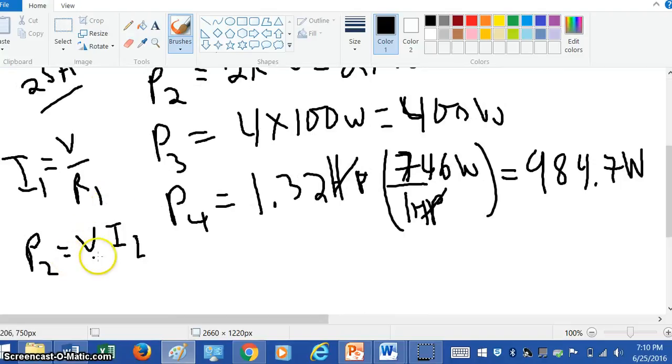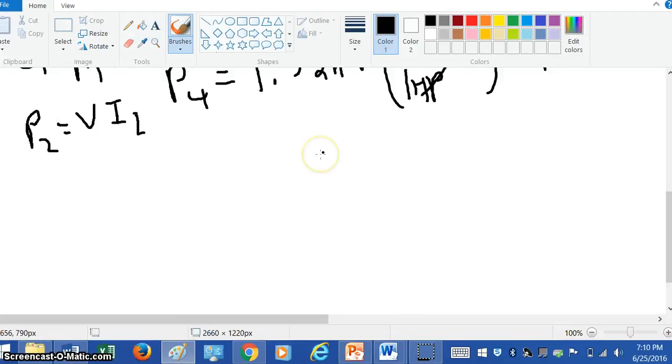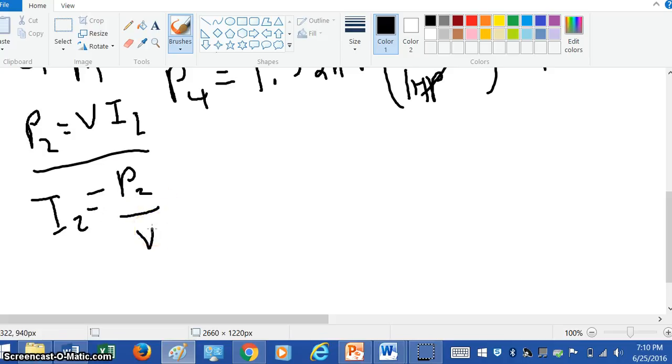For the second, third, and fourth devices, we're going to use the power equation. Current 2 is going to be power 2, which is given to us, divided by the voltage, and that's going to be true for all three of them. Let's write all these out.